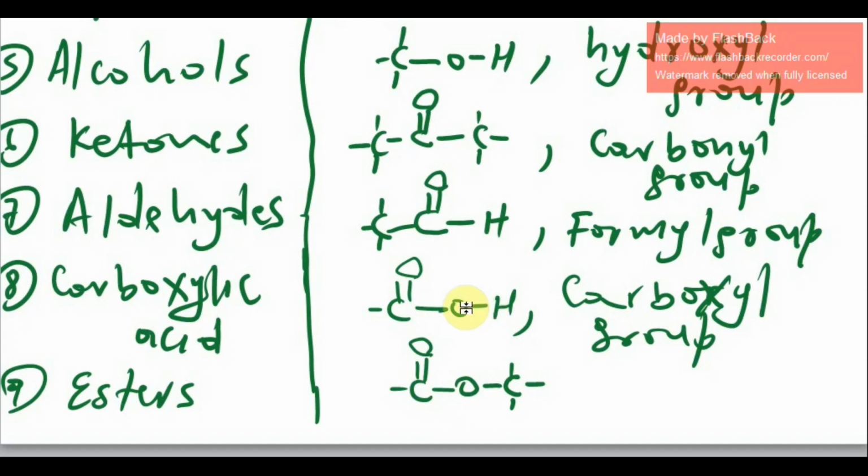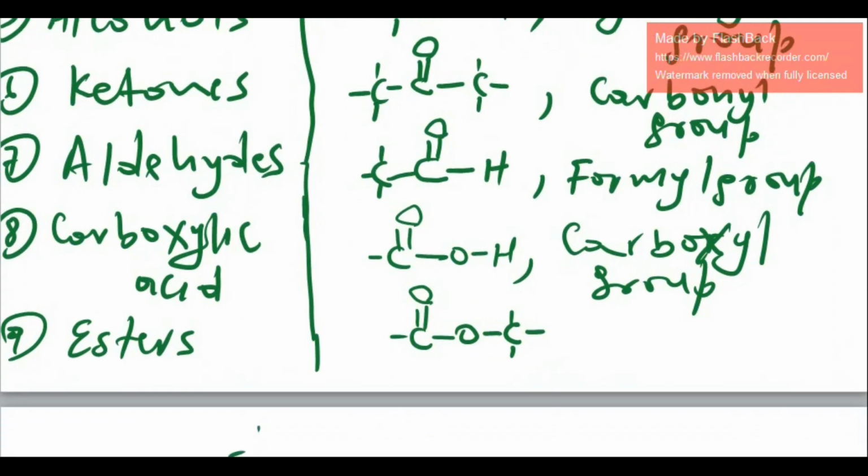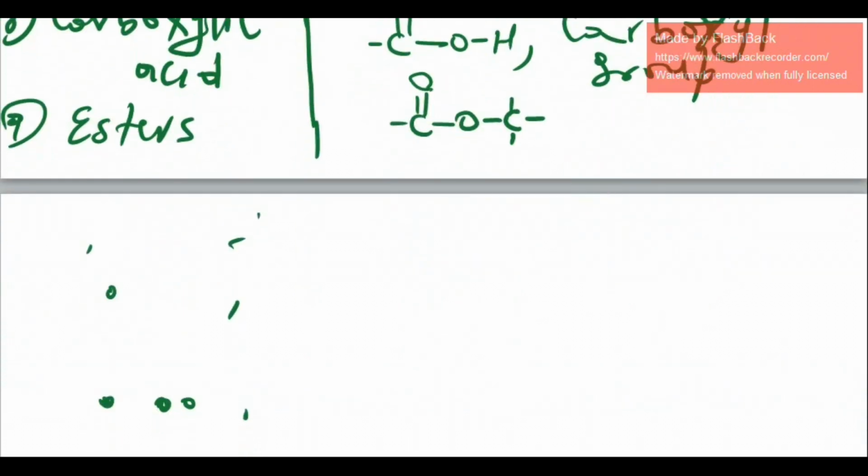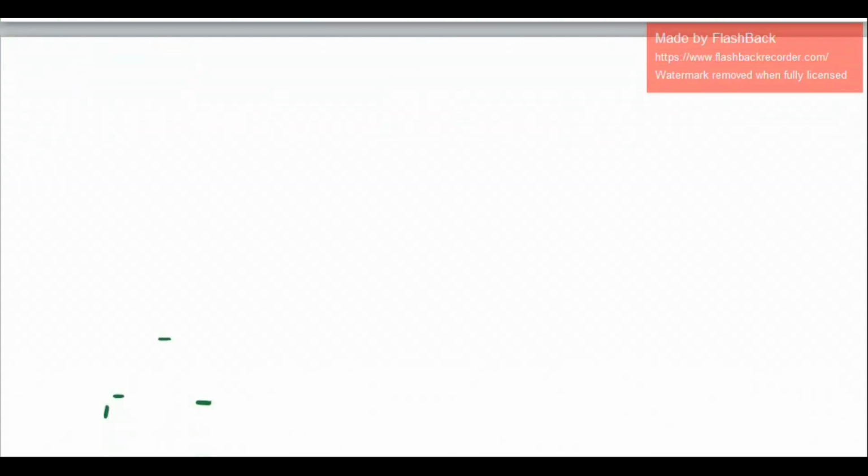Here we have OH, but here we have OC. Okay, that is the functional group and the homologous series. So we have the homologous series, about 9 of them, and the functional groups. There is no name for the functional group of an ester. Okay, so let's go on.